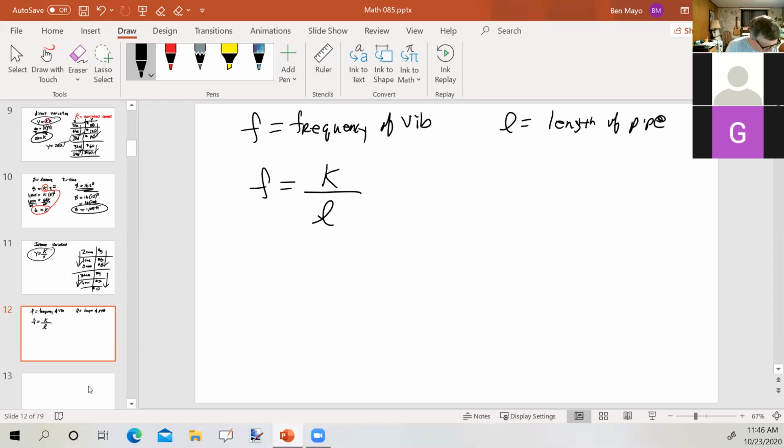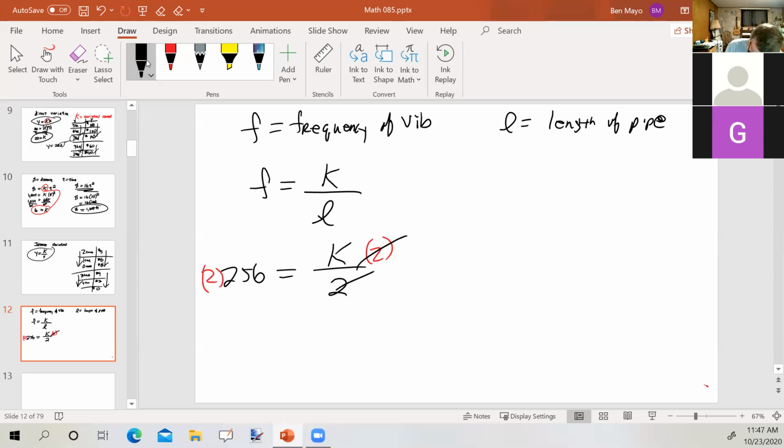It says if a pipe 2 feet long vibrates 256 times. Now, given that information, we can determine what k is. What would we have to do to get k by itself? Multiply by 2. Multiply both sides by 2.